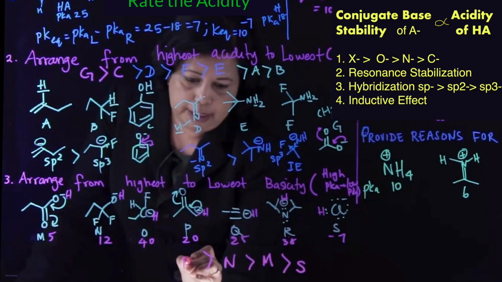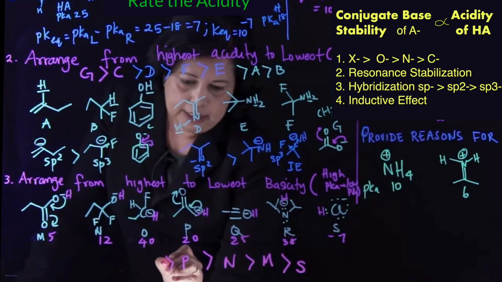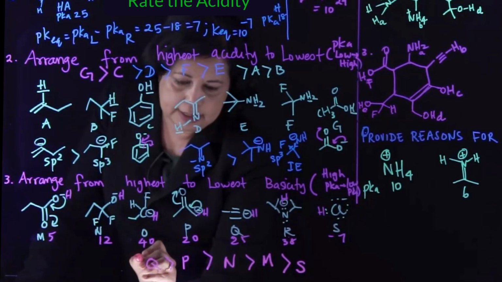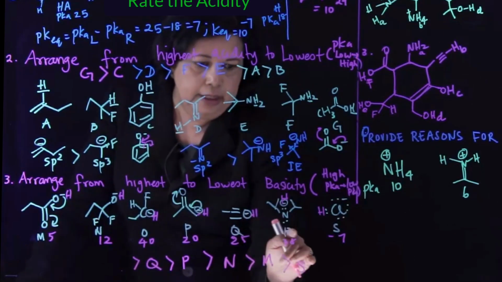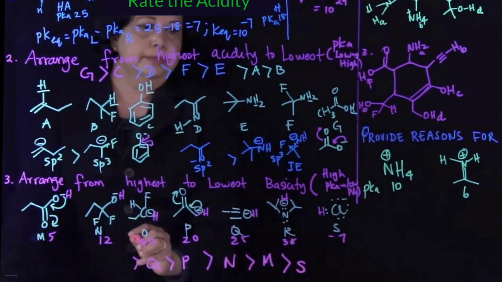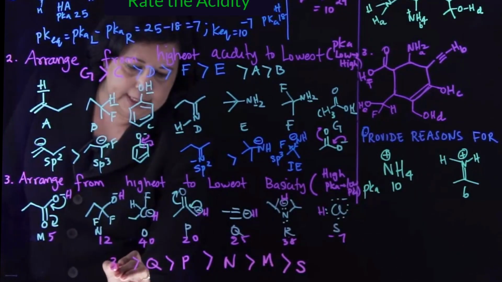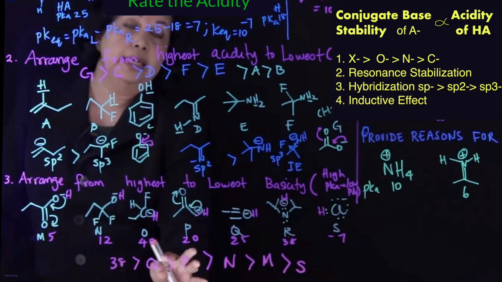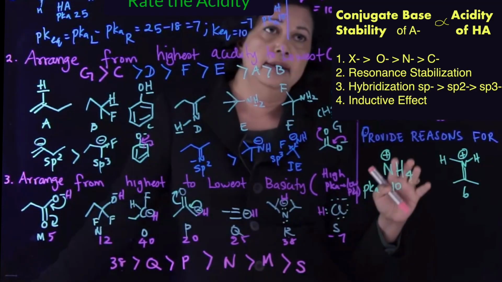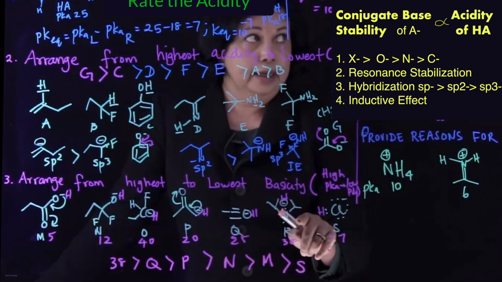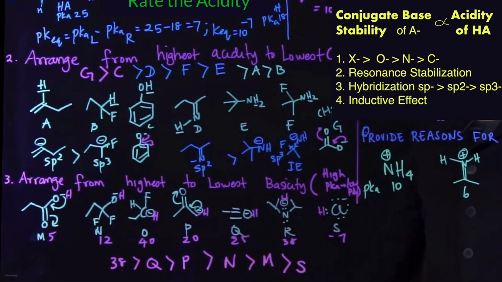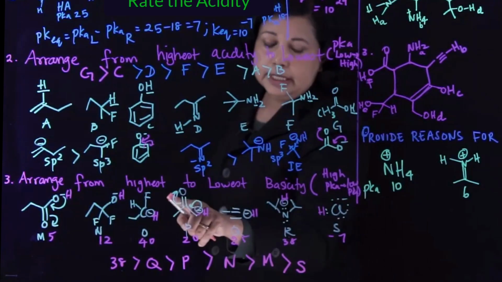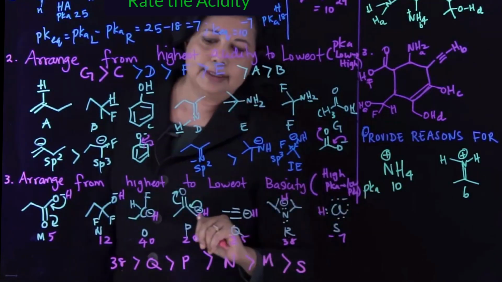So that's going to be P and then Q, and that's going to be then greater than the nitrogen 38. So we have 2 carbons here that are actually going to be less basic than the nitrogen. So it's flipping that, mainly because of the resonance effect and the hybridization effect.